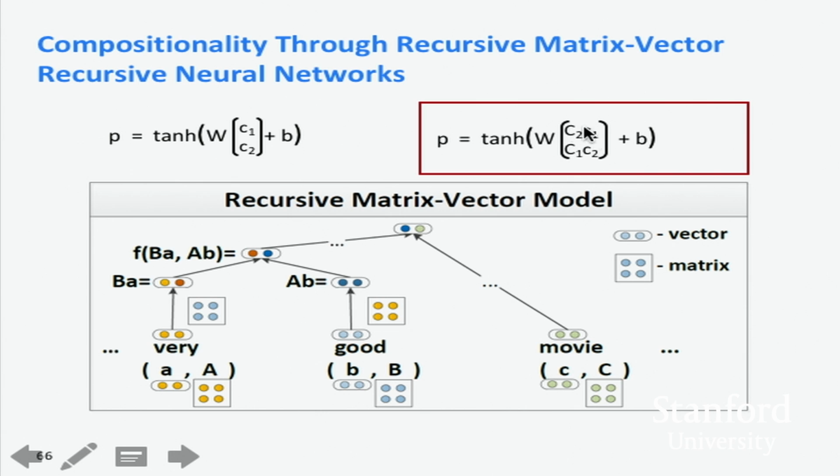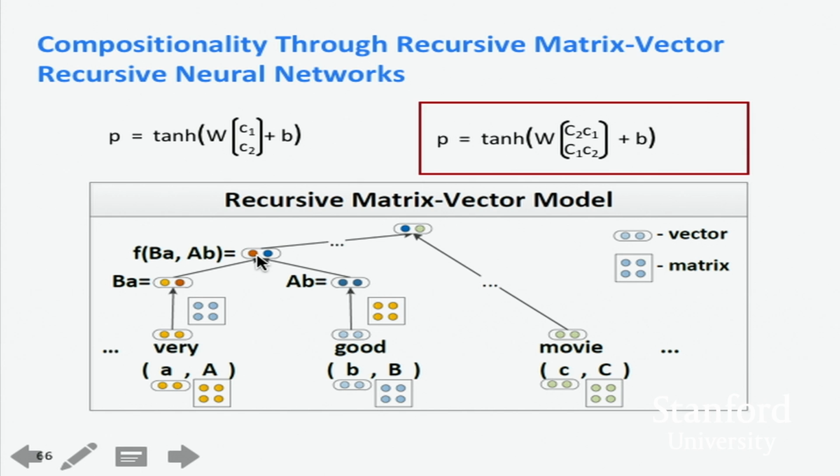We do both vector-matrix multiplies, and then we concatenate those together as before and put it through a neural network layer just like before, so we have another W matrix to decide which of these to use and how, it goes through a tanh, and that gives our parent representation. At that point, we've got a vector representation for the parent.